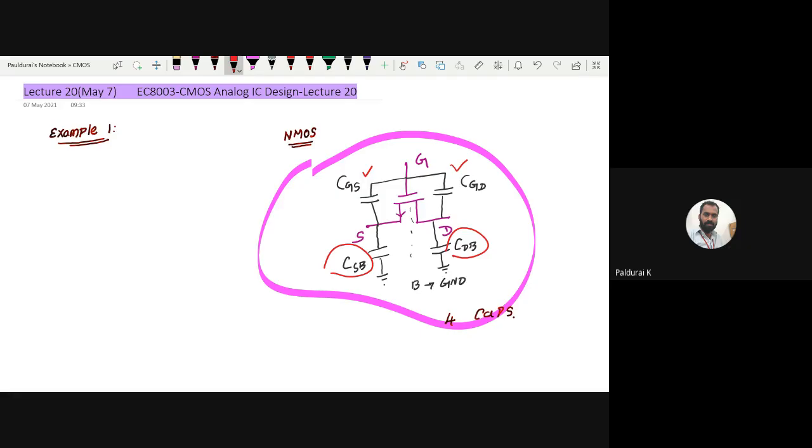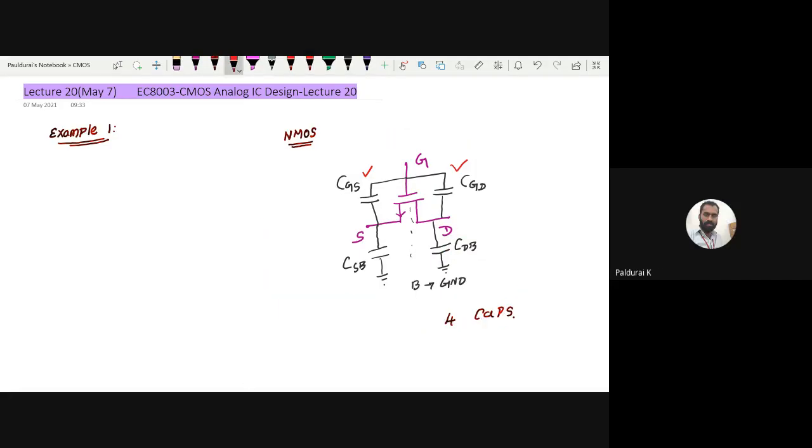Considering the insulating material in the middle makes things complicated, so there is no need to consider the capacitor between gate and bulk. In general, take any textbook, they speak about these four capacitors. According to Razavi, these four capacitors are associated with each and every MOSFET.